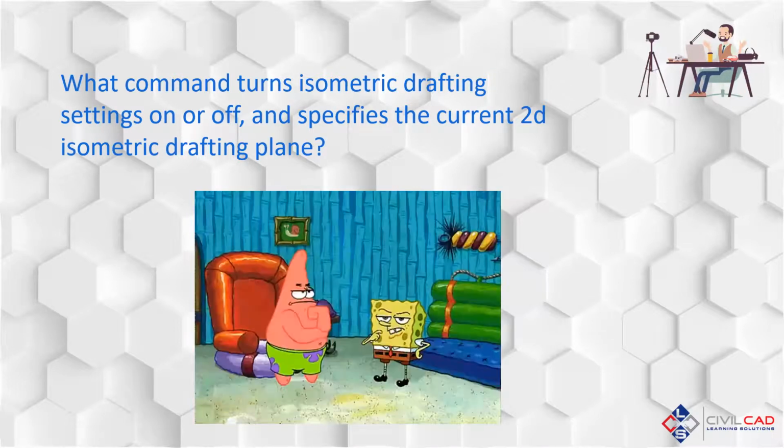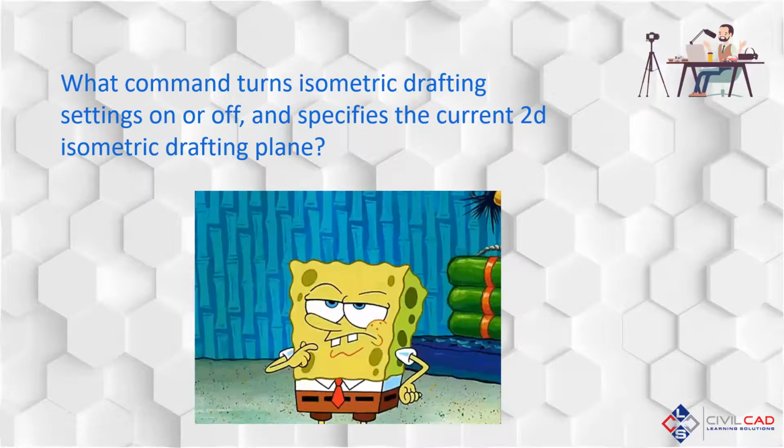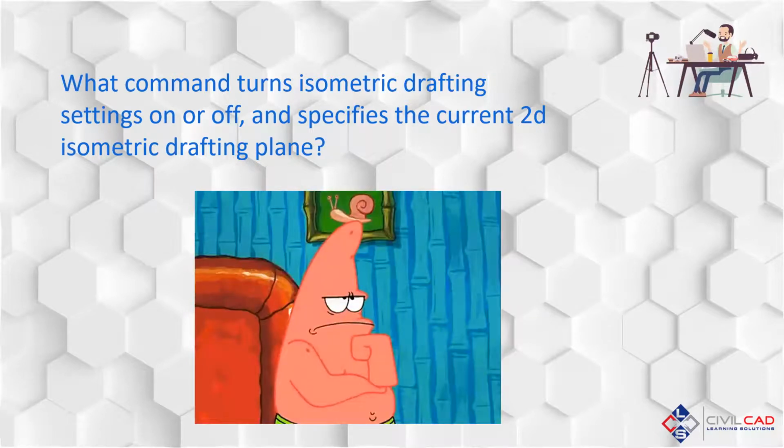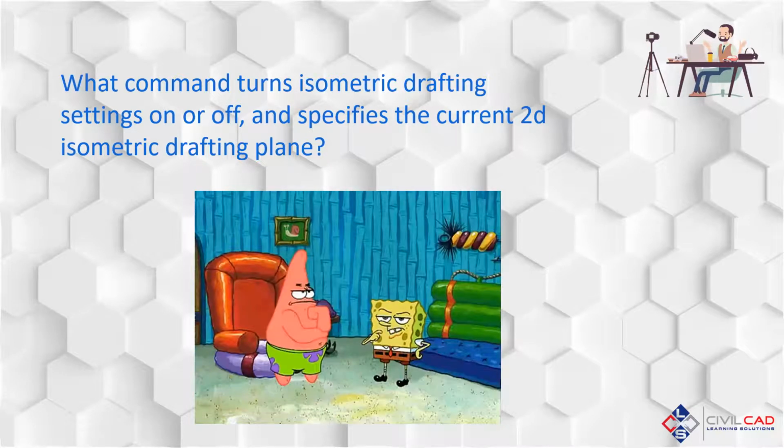The correct answer is ISODRAFT. Mark got it. Yay, Mark! That's scary. I actually found an answer I knew. It was listed on my old forgotten commands blog post, the post I posted earlier last week, where I listed like 20 commands.